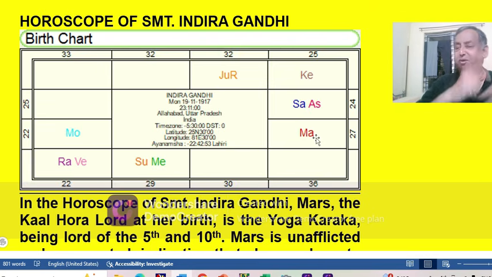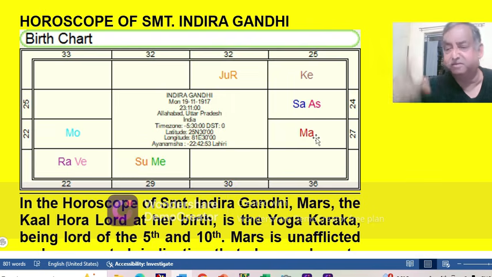So, the destiny pattern was reflected by the Kaal Hora Lord at a glance. It was not afflicted, it is not expected. No outside influence. Independent.